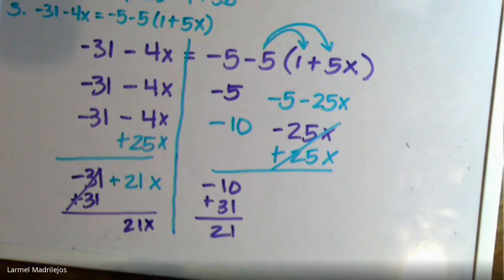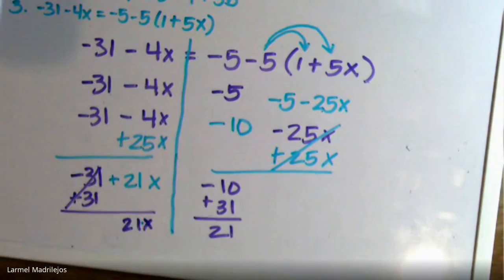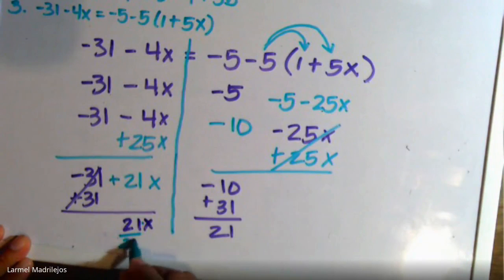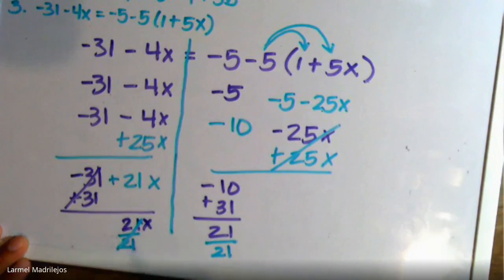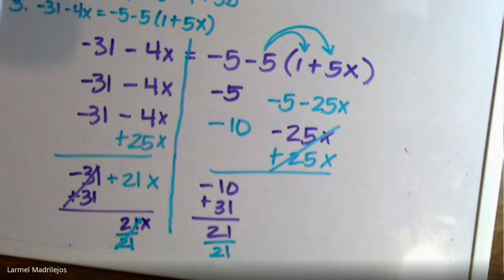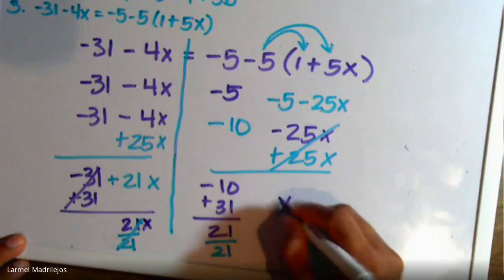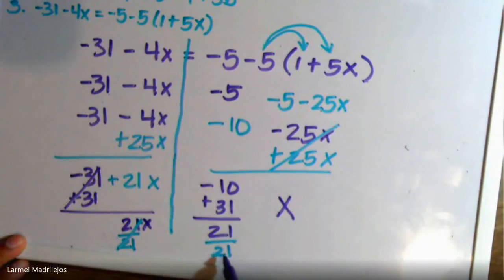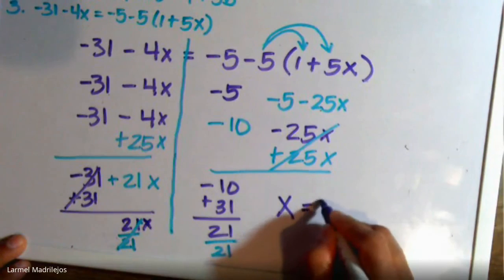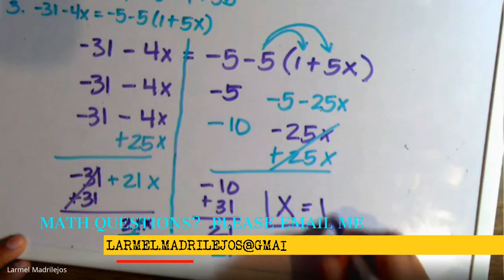So it's a multiplication, it's like 21 times x. The inverse of multiplication is division. So whatever I do on the left side, I need to do on the right side. So if I divide this by 21, I need to divide by 21. So of course, 21 by 21 is 1. So let me write it here. x equals 21 divided by 21. It's also 1. That would be our final answer.